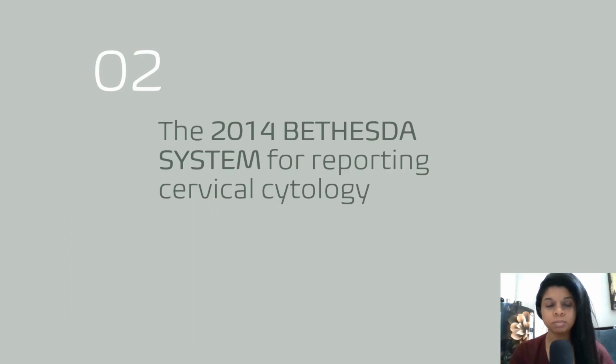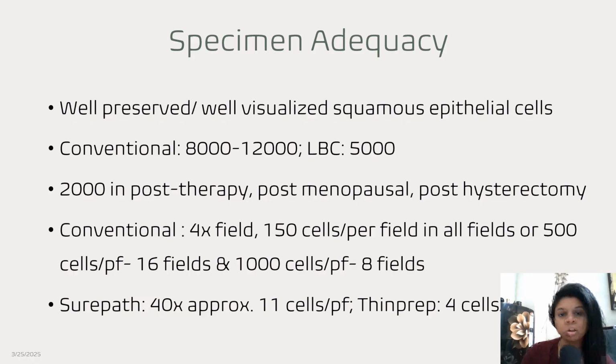So the system that we use for reporting cervical cytology is the 2014 Bethesda system, which is the latest edition. So what is the specimen adequacy? Okay, each and every word counts. Well preserved, well visualized squamous epithelial cells.